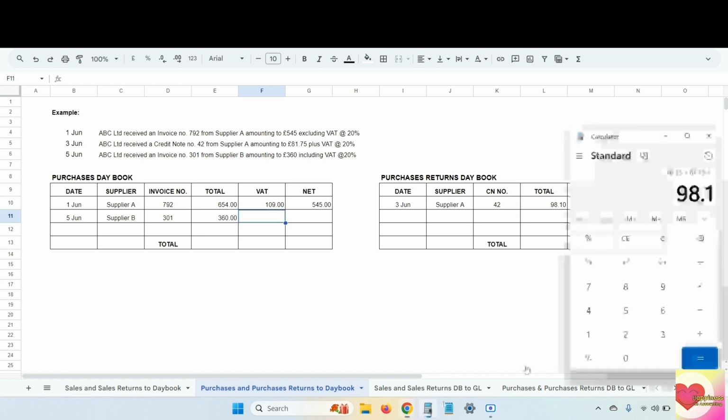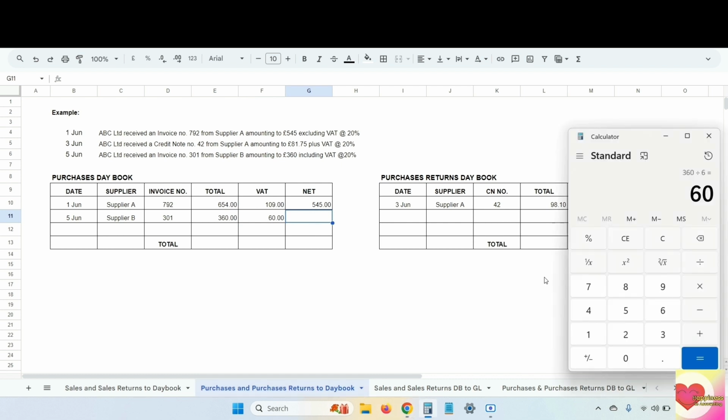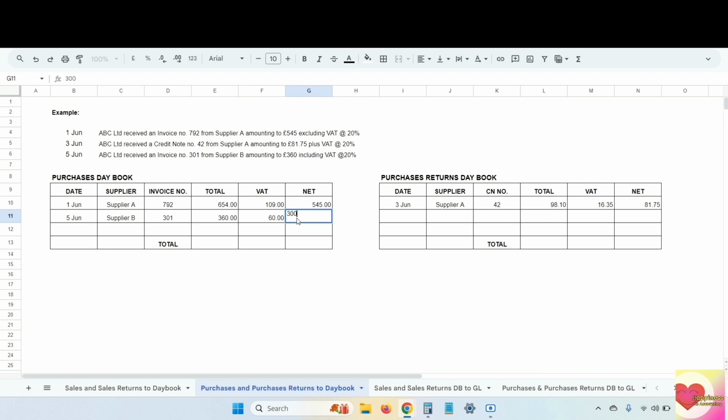To get the VAT from the total amount, 360 divided by 6, 60 is our VAT amount. To get the net amount from the total amount, 360 divided by 120% or 1.2, 300 is our net amount.